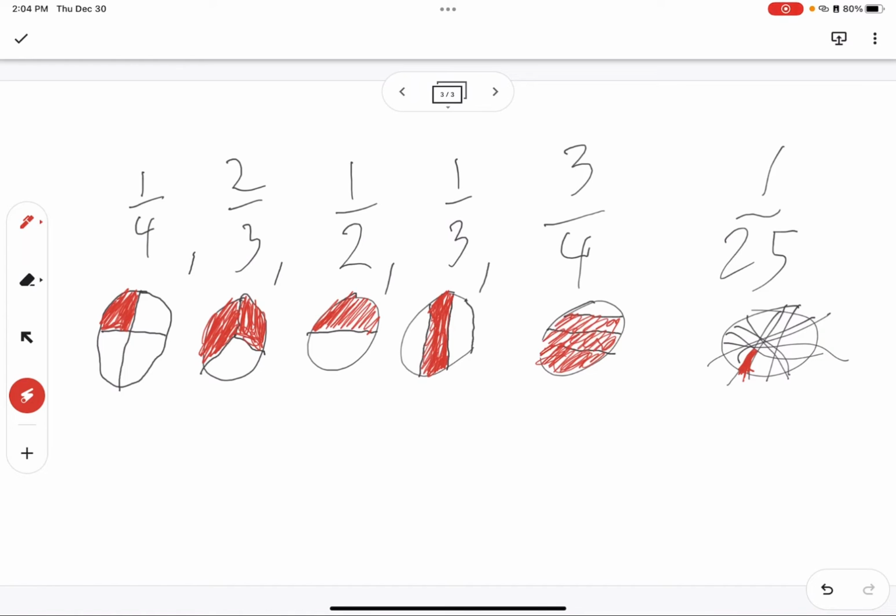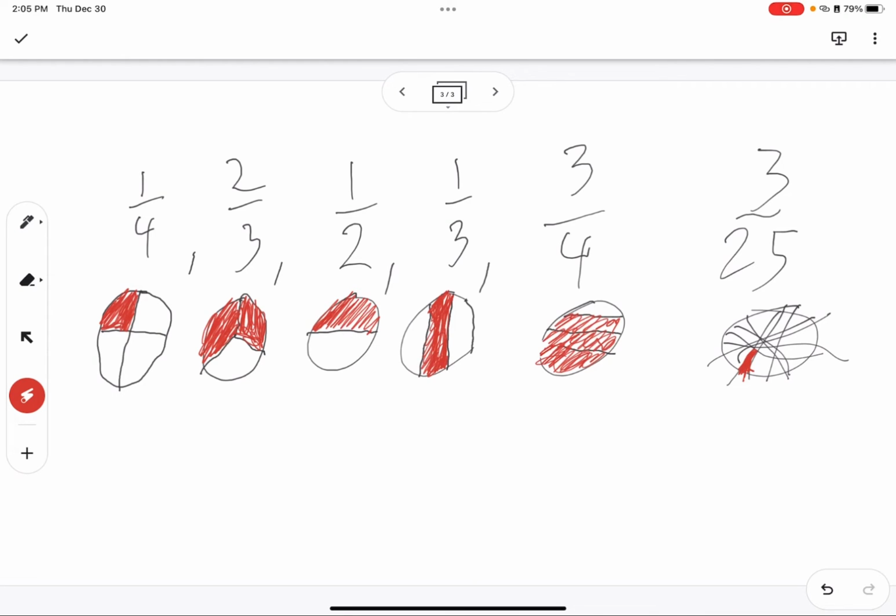So let's pretend I've got 3/25. Here I've got 3 of these really small pieces, and here I only have 1 of these 2 pieces. Would you rather have 3 of these tiny itty bitty pieces, or 1 of these big half pieces? Huh?